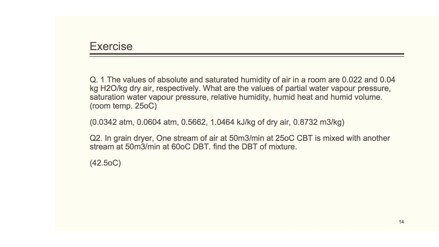Find the dry bulb temperature of the mixture. Easy, right? We studied that in mixing of air, the temperature of outlet air can be calculated as M1 into TD1 plus M2 into TD2 divided by M3. So the answers of both these numerical problems are given here. You guys calculate all these values and match your answers, right?